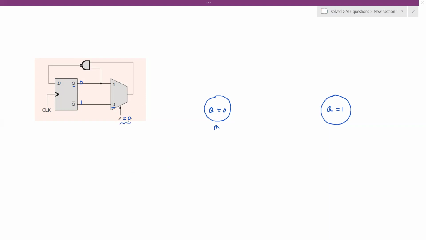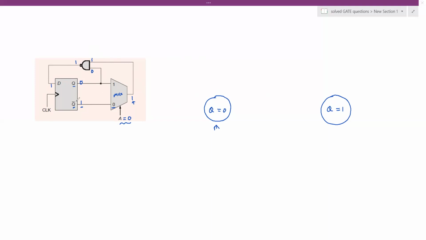And for A equal to 0, the Q bar gets connected to the output through this multiplexer. So I will say this logic line, that is Q bar, which is set to logic 1, appears at the output. Then this one is here, and here is 0, that comes here. The output of the NAND gate then becomes 1 because this is the complement of AND. Then 1 comes here. Okay.